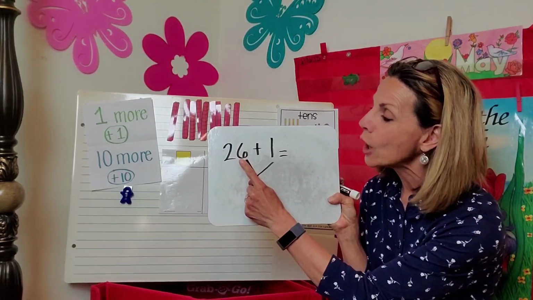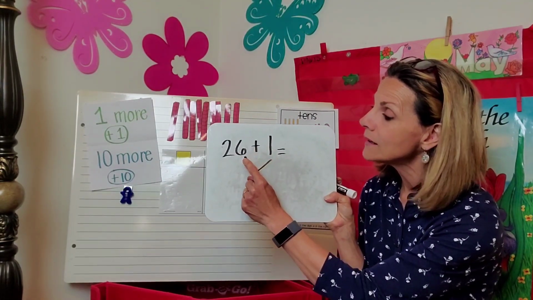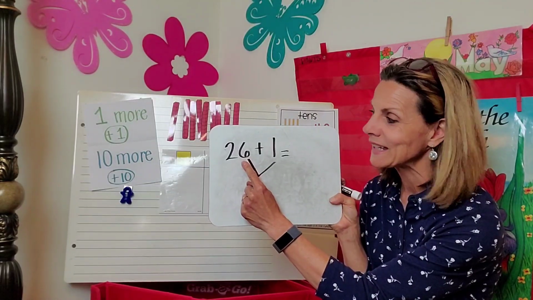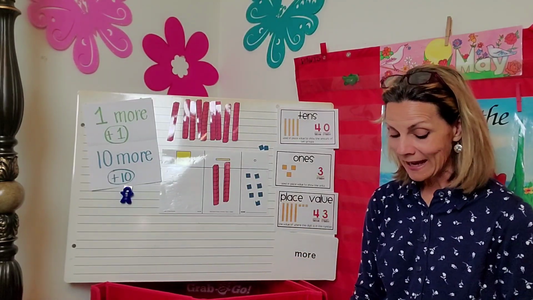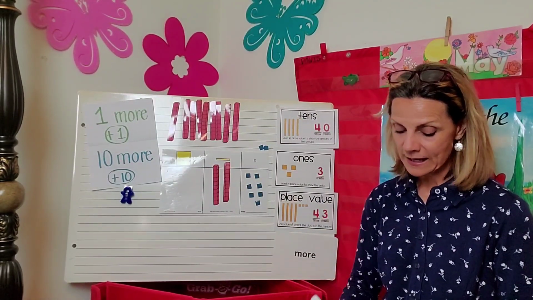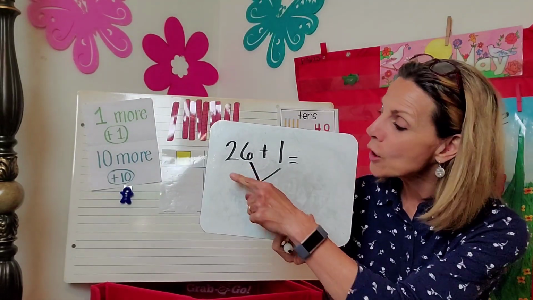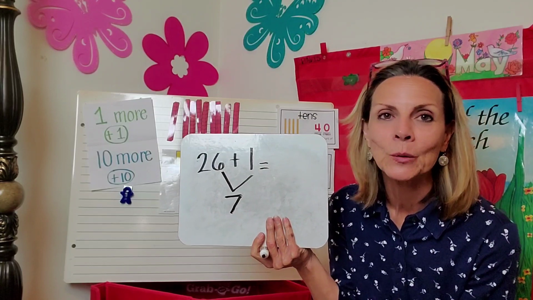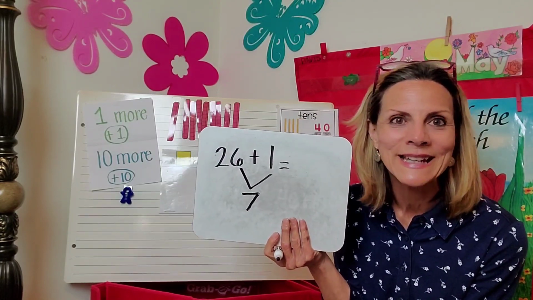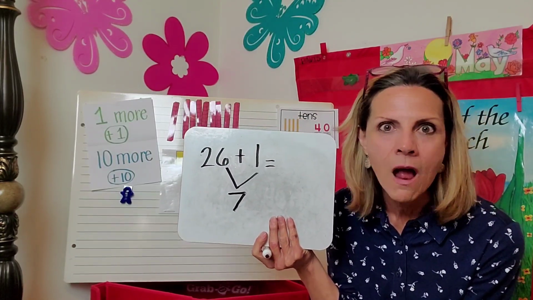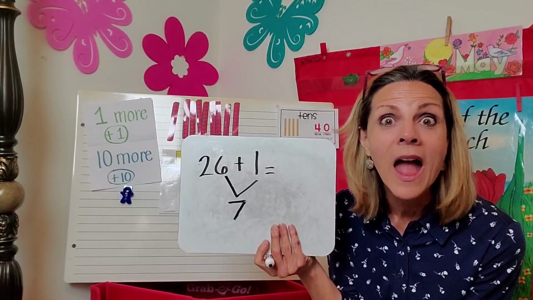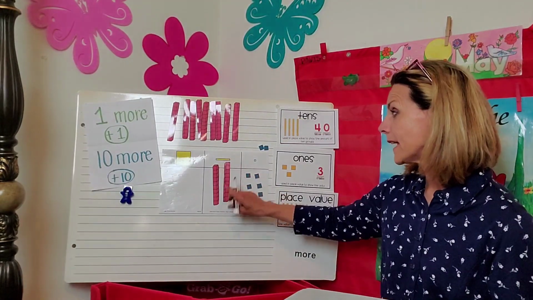I'm going to be adding 1 to my group of 6, so 6 plus 1, and I know that 6 plus 1 equals 7. And I'm going to bring down this value, and I know in this number 26 that the 2 is not 2, but it's actually valued at 20.